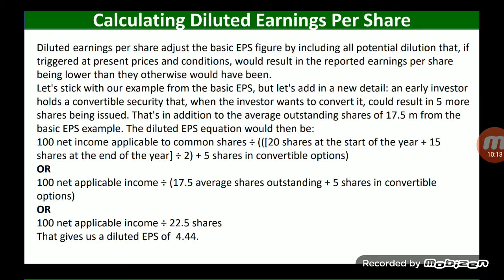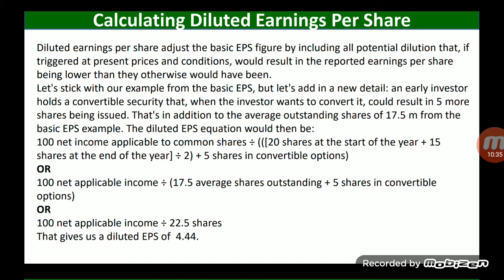An early investor holds a convertible security that, when the investor wants to convert it, would result in 5 more shares being issued. That's in addition to the average outstanding shares of 17.5, our previous average number of shares.